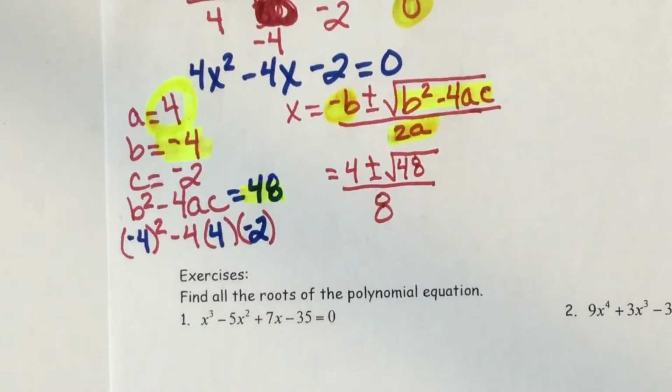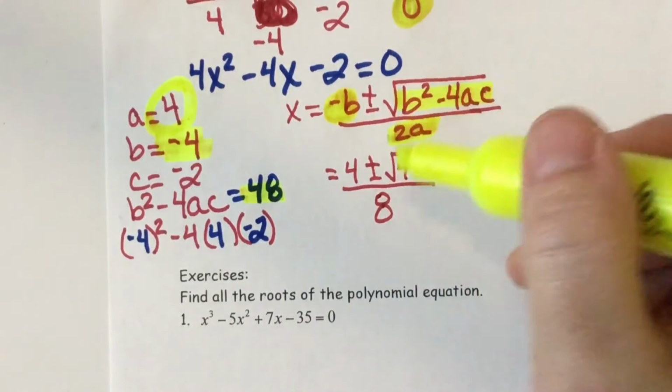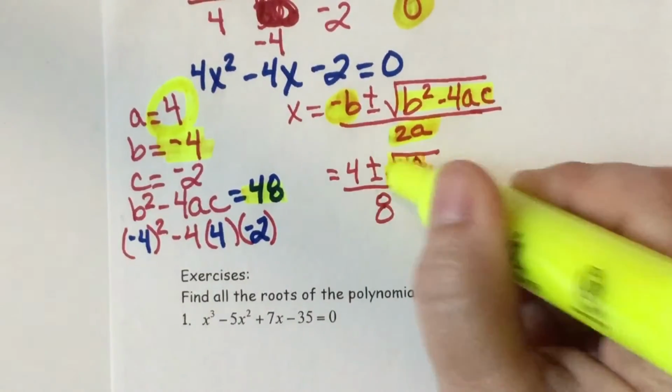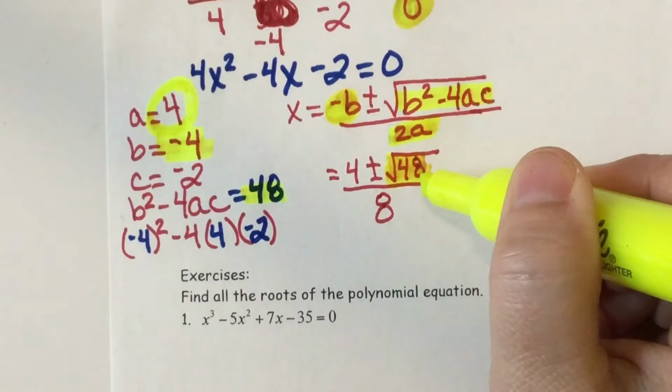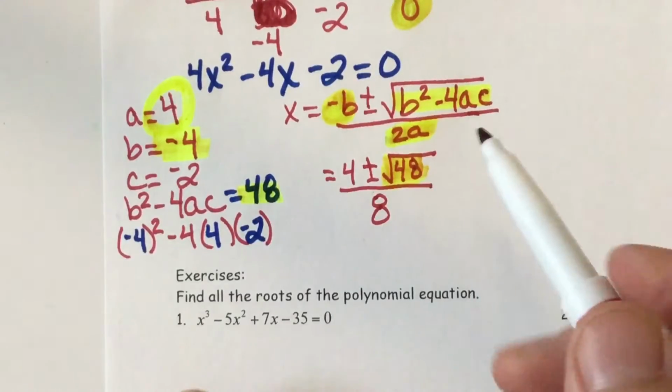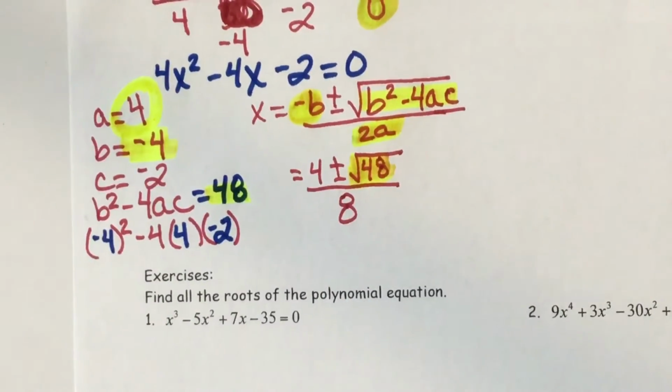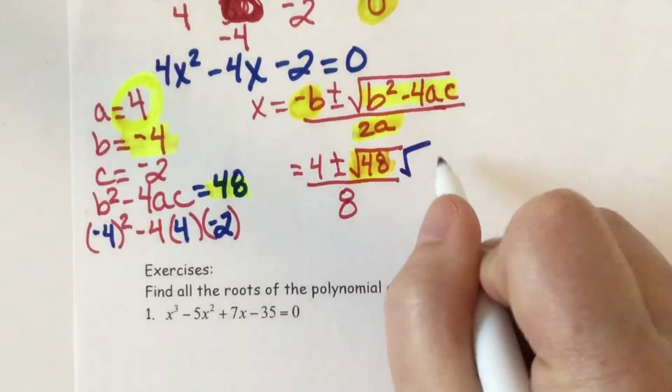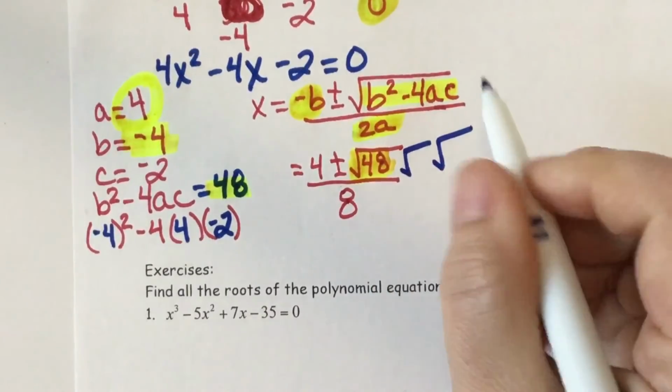All right, now yesterday when I did the quadratic formula, this guy right here was a perfect square, and I was able to take the square root of it and get something pretty. Today, unfortunately, you cannot do that. So we have to think back to breaking it down. So we want to try to think of our largest perfect square that can go into 48 and how many times it can go in.